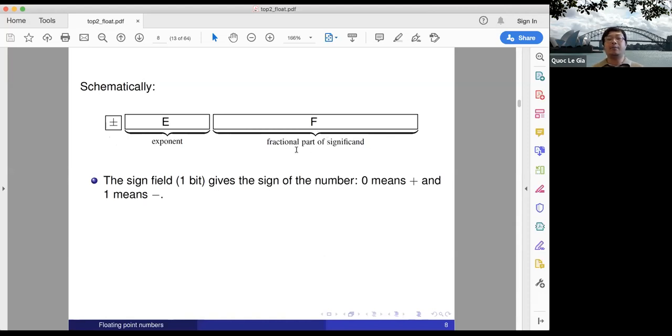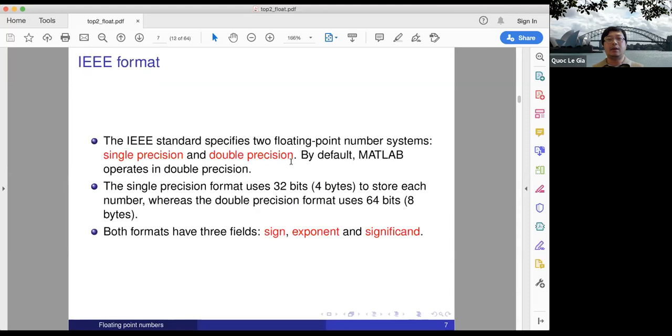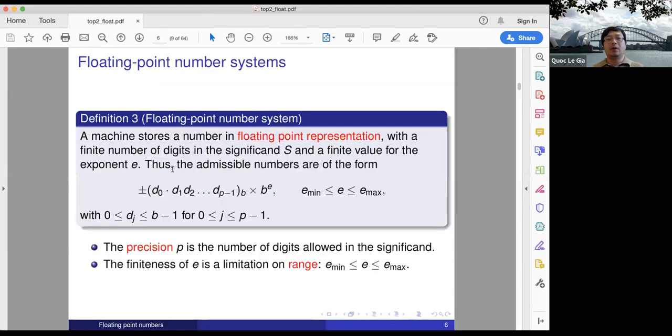So why do they store only the fractional part? Why don't they store the whole significand? Remember the significand is the whole sequence d0 dot d1 up to dp minus 1 here.